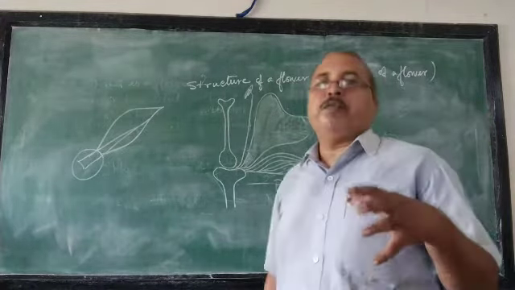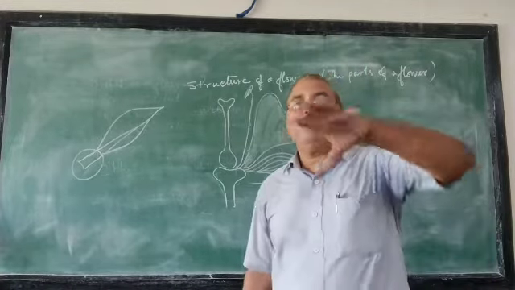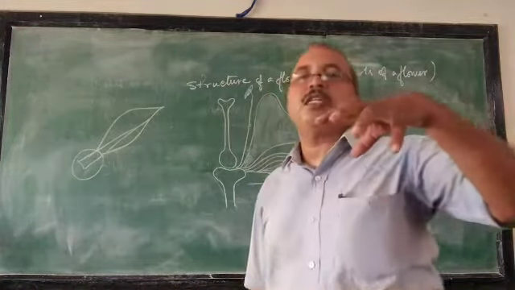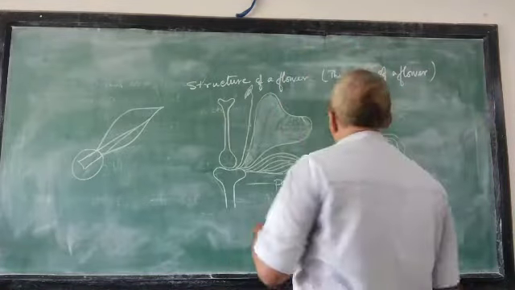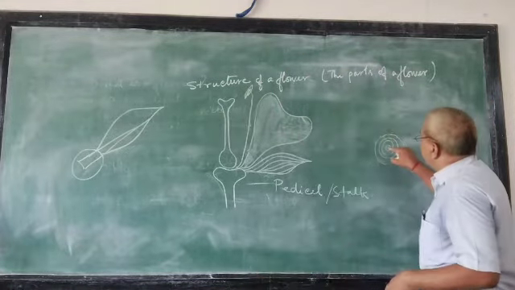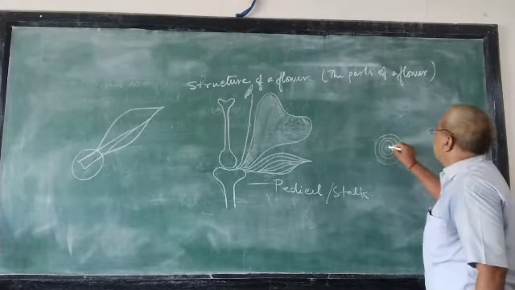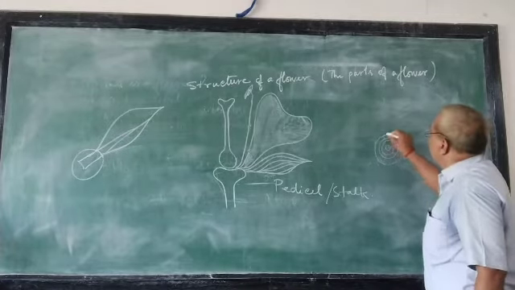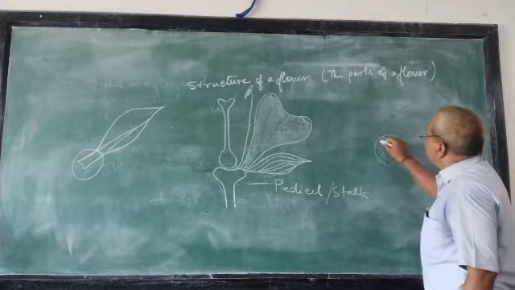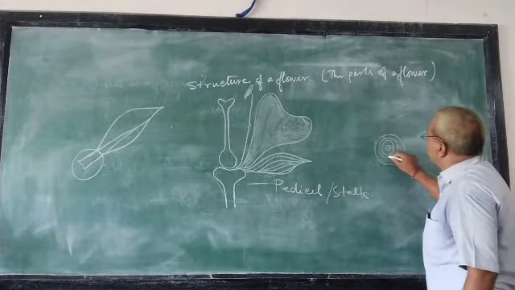The parts of the flower are arranged in four different concentric circles. Concentric means all the circles have a common center. This is the center of the circle and this center is for the biggest circle. Then this center is for the second one also, the third one also, and the fourth one.